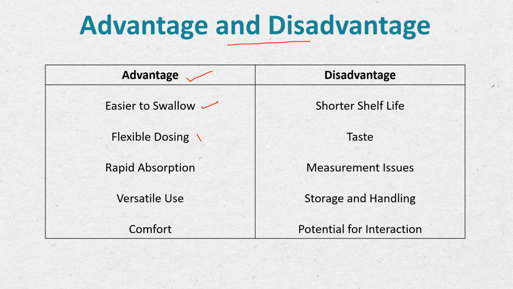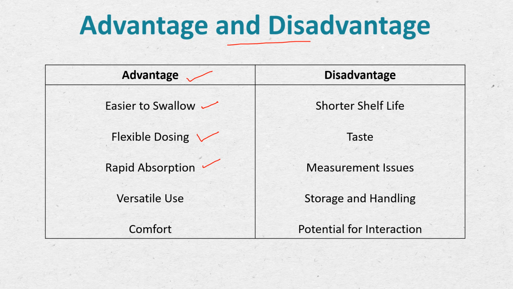Next is flexible dosing. It allows for more precise dosing adjustments, which is useful for fine-tuning medication amounts. Here we are flexible to use whatever amount we want in the dosage. Rapid absorption: liquids can be absorbed faster in the digestive system compared to solid forms, which may lead to a quicker effect.